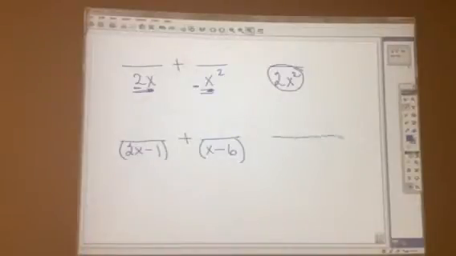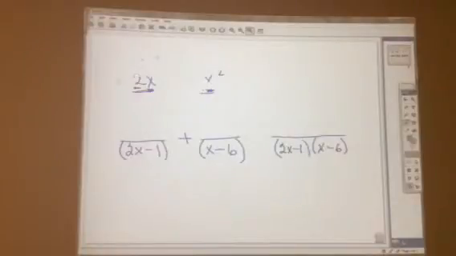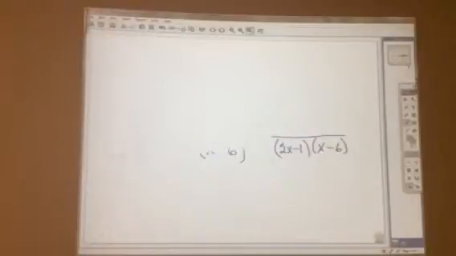So my common denominator would be everything that's in both denominators. I've got to include everything that's in both denominators. Now this is not in your notes. This is just something you need to know, because we need to know how to find a common denominator before we can even start adding or subtracting rational expressions.